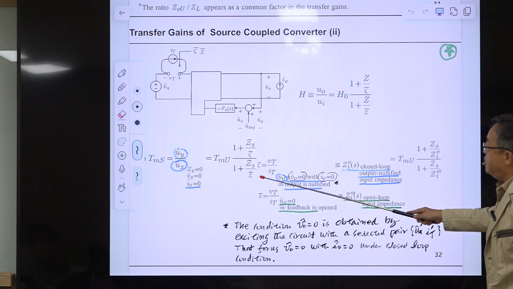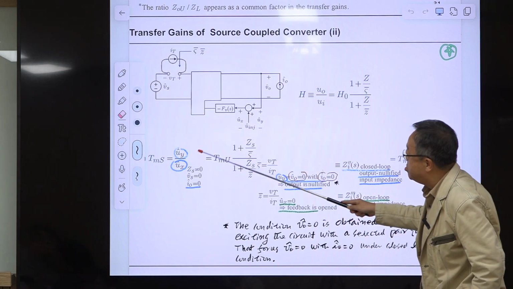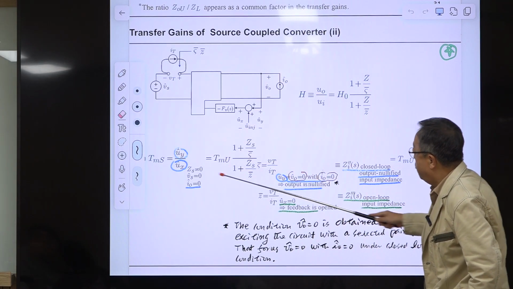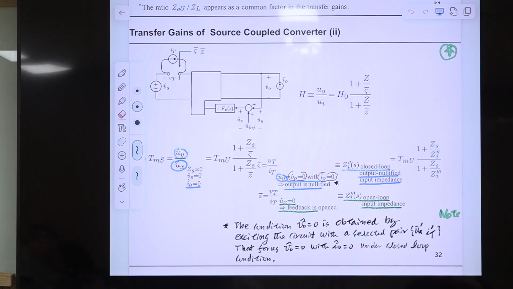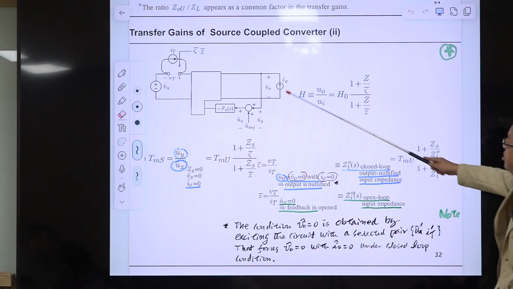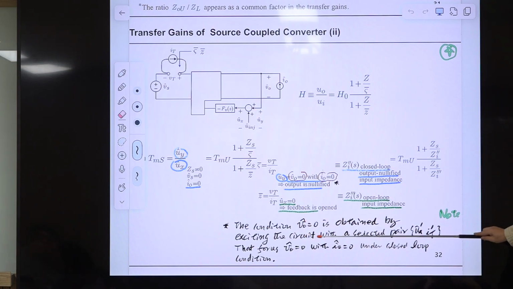Then we need to evaluate this zeta bar, the condition where UI is 0. When UI is 0, this VO is 0, okay? So this is another short circuit condition. This is the output null condition, because this condition can be established by selecting this pair UI prime.